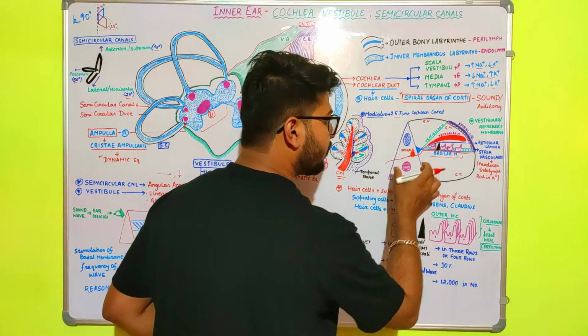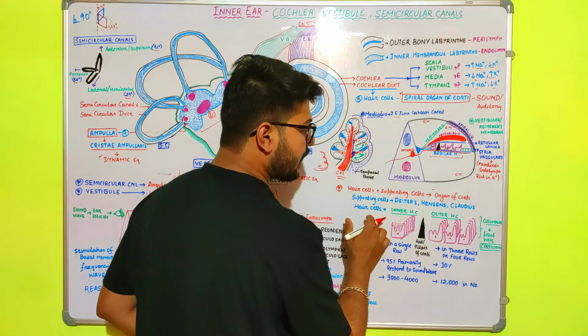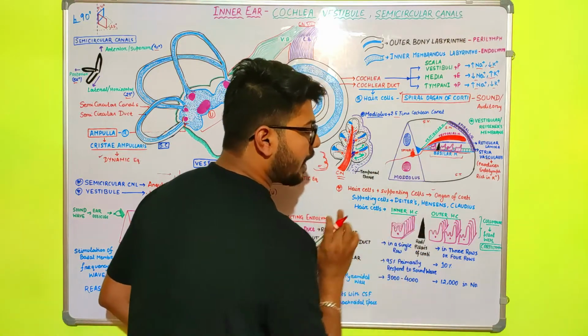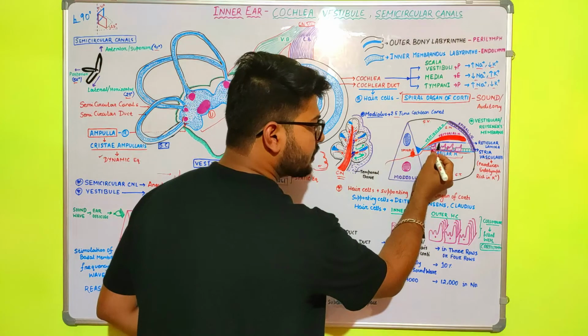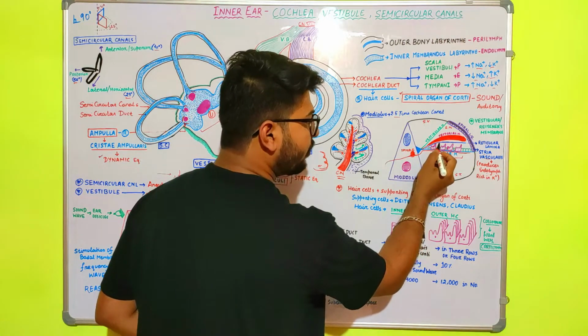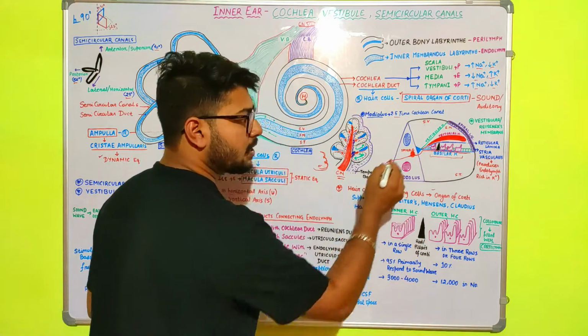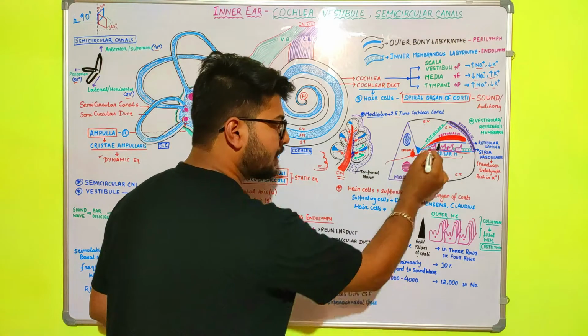What are the different types of hair cells that are present in the cochlear duct? These can be inner hair cells and outer hair cells. Here you can see the inner hair cells and outer hair cells, and in between them we have a small triangle completely filled with black color. What is that?